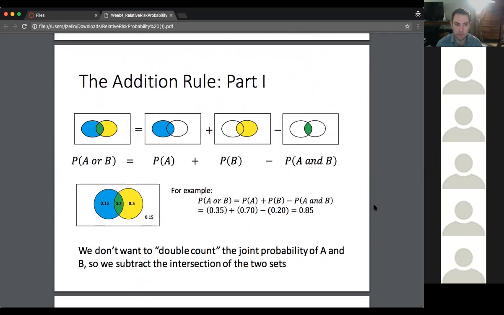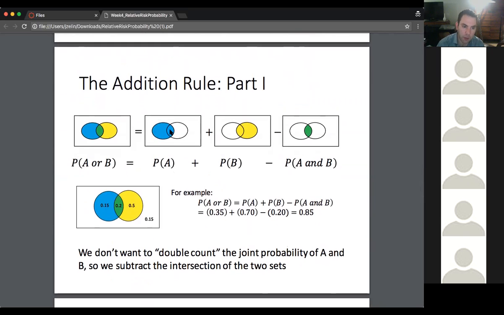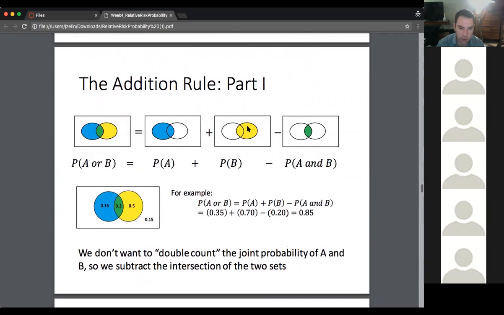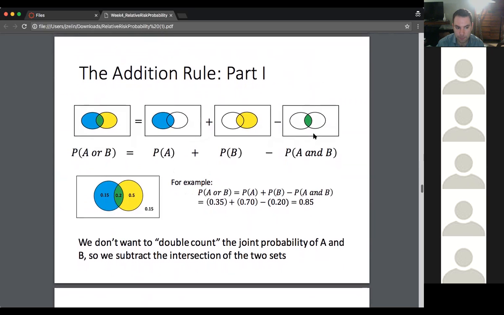That's the real reason for the addition rule. So here we show the probability of A or B is the probability of A, this entire blue circle shaded in blue, plus the probability of the yellow circle, subtracting by this green region, which is the probability of A and B.